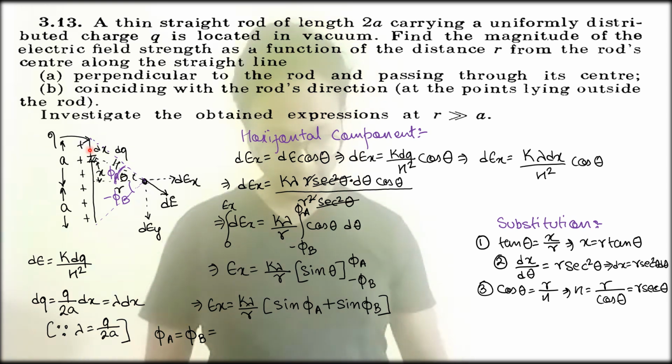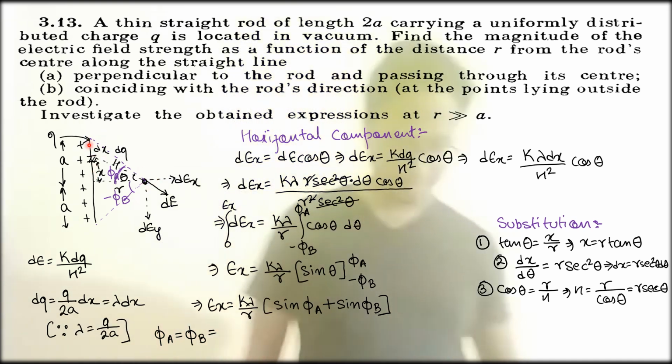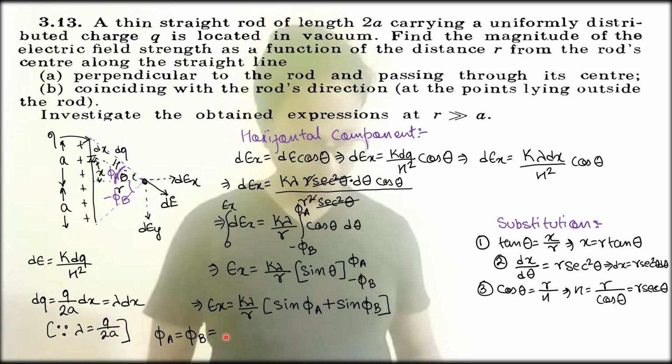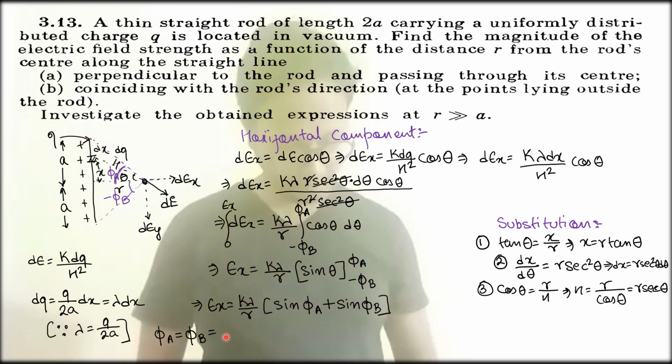Can I say sine theta is nothing but perpendicular by hypotenuse, isn't it? Perpendicular by hypotenuse. So theta is equal to sine inverse of perpendicular.